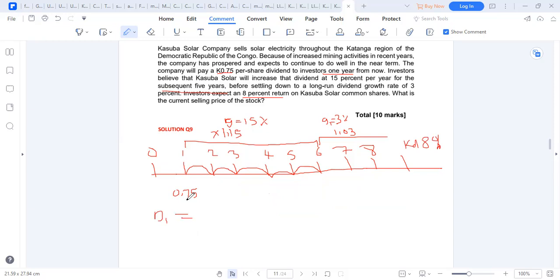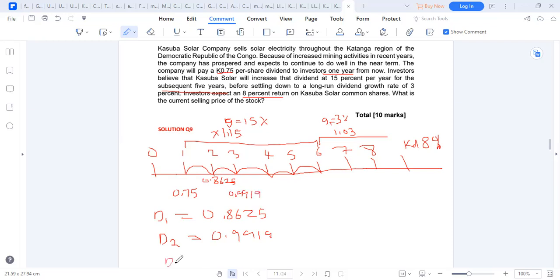So quickly, how do we get D1? 0.75 times 1.15, so D1 will be 0.8625. For D2, just keep multiplying the answer times 1.15. So this will be 0.9919. These figures are small, so here I usually have small space. D1 is 0.8625, D2 is 0.9919.